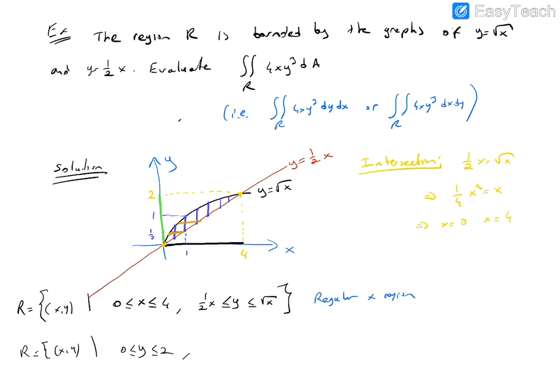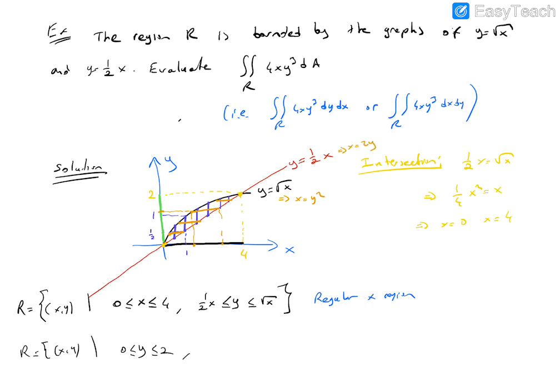What is the black curve? The black curve is x equals y square. So x changes from y square to, from here, x equals 2y.